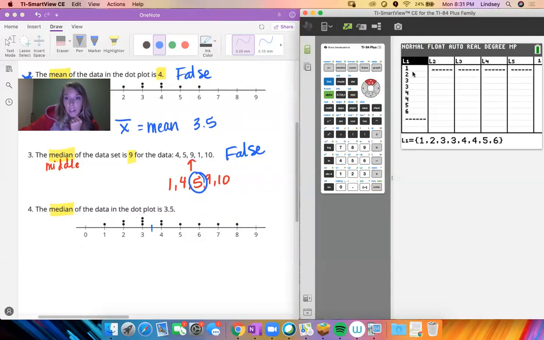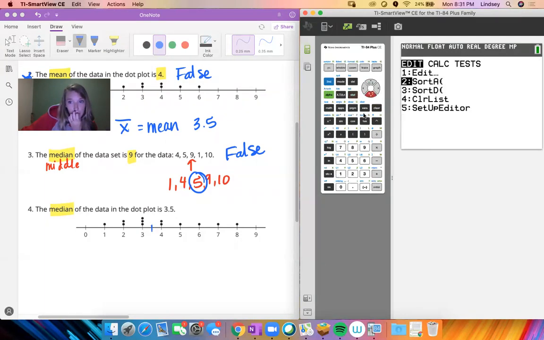So let me go up to the L1, clear it, hit enter, and I'm going to type in this data set. So I have 1 dot above my 1, so that's 1, enter. I have 2 above my 2, so that's 2, enter, 2, enter. I have 3 above my 3, so there's 3 3s. 2 4s, 1 5, 1 6, 1 7, and 1 8.